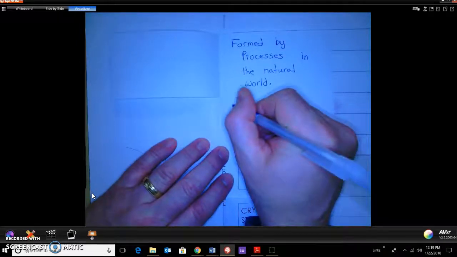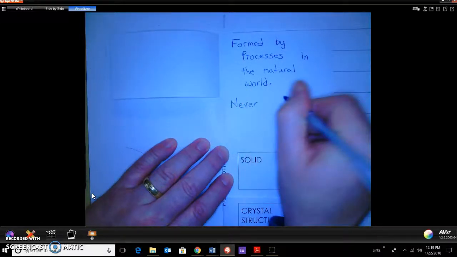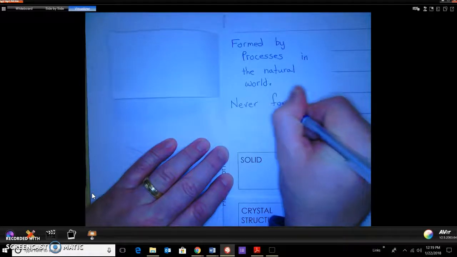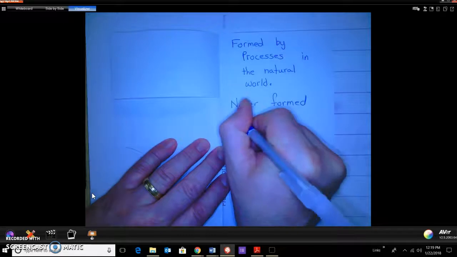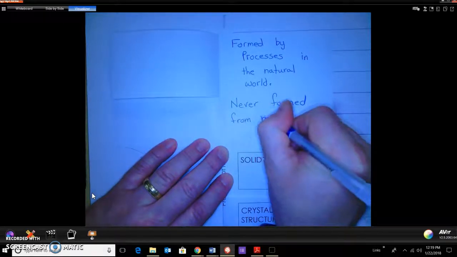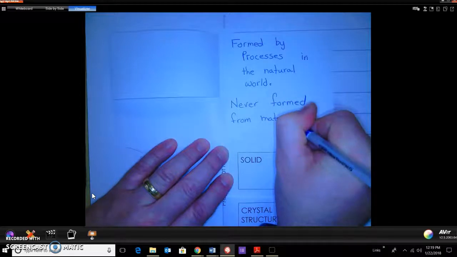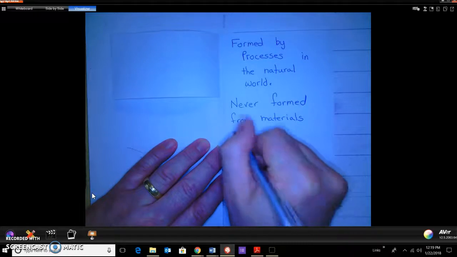So things that are inorganic are never formed from materials that were once living.